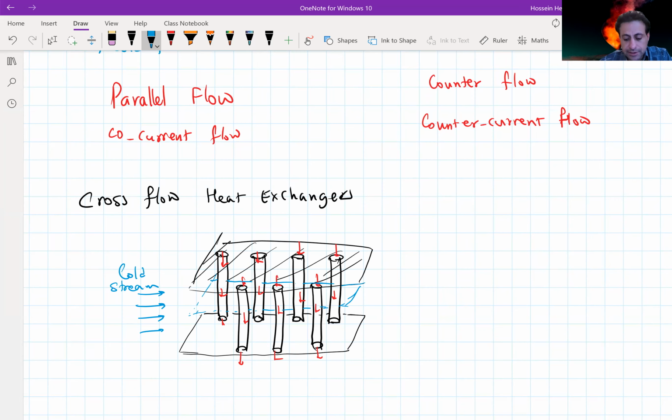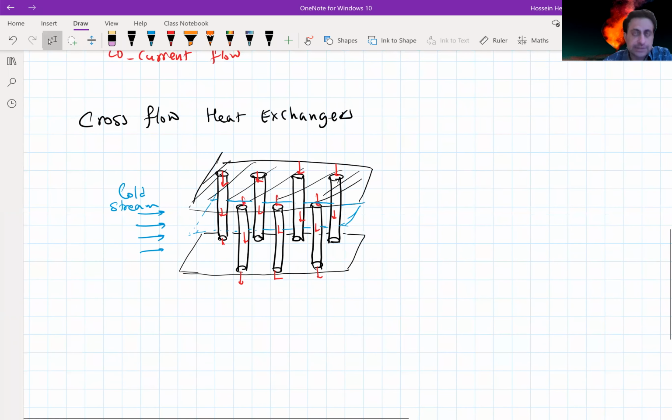And when we have these fins, the flow that is flowing through the tubes could be mixed or unmixed. So let's say if we have this plate that is totally covering the surfaces, we are going to end up with an unmixed system here. So this is another type of heat exchanger.